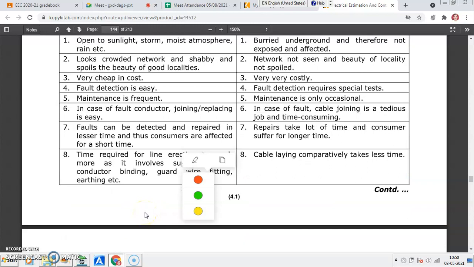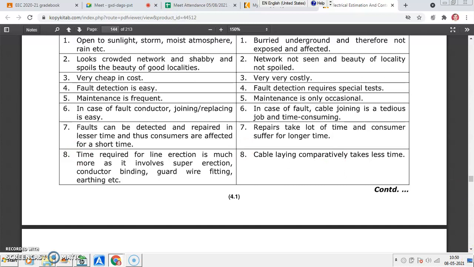Faults can be detected and repaired in less time in an overhead system, and therefore less time will be there for which consumers will be affected.